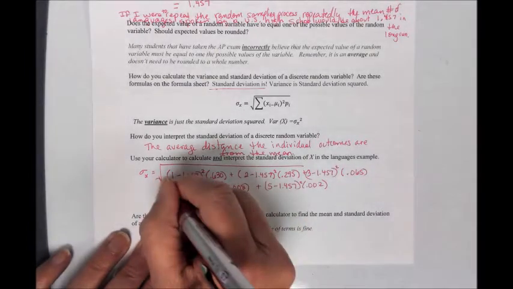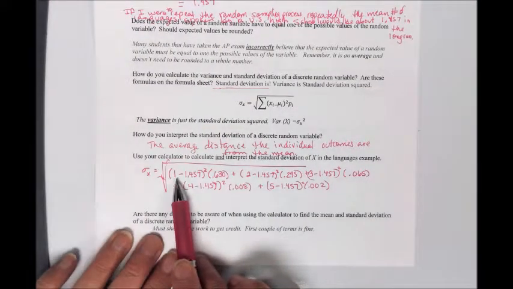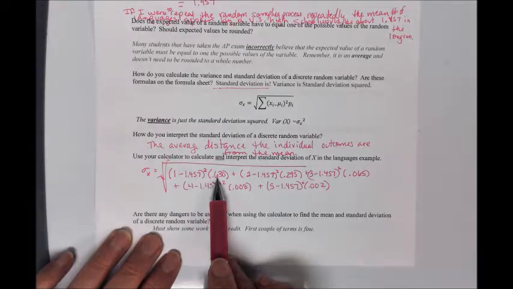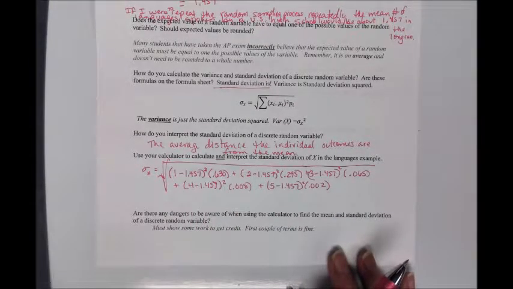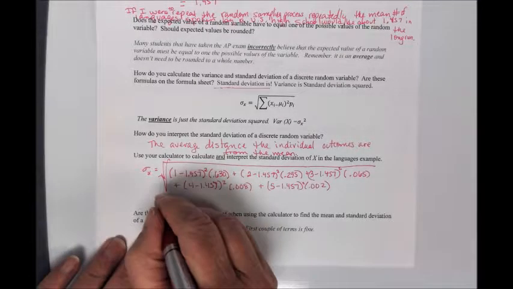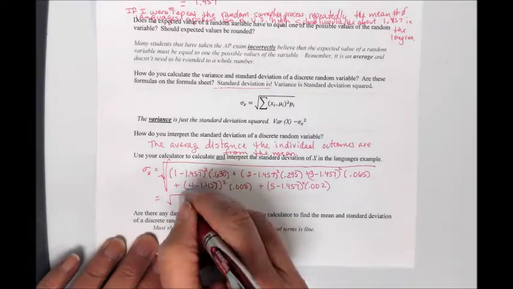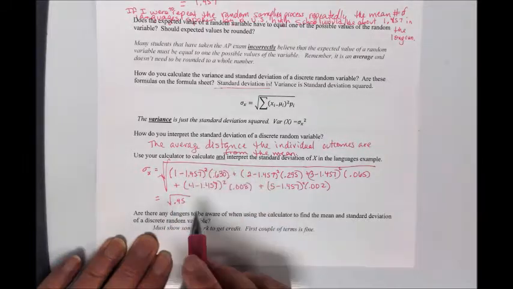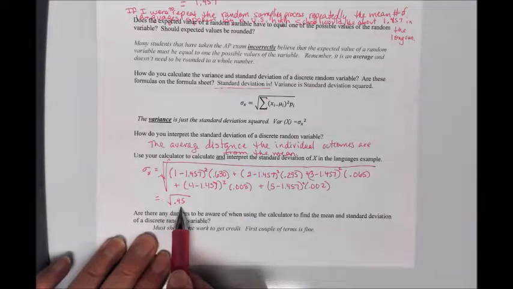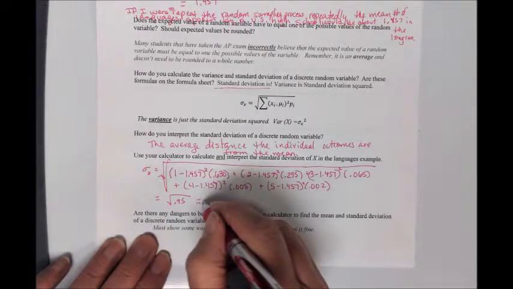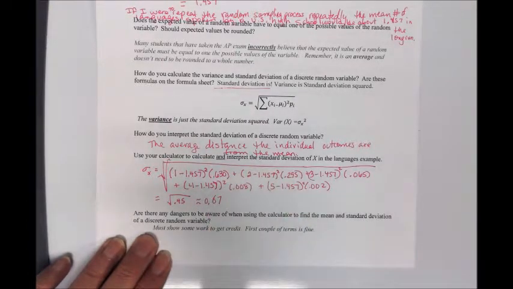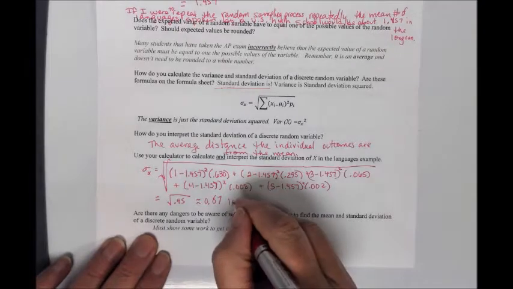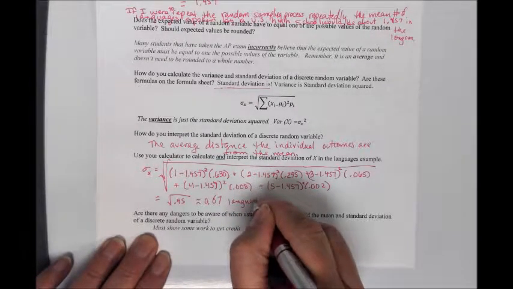Okay, so I subtract each individual from the mean, square it, multiply by its probability, and then add those all up, and take the square root of the whole thing. So if I add those up, this 0.45 is the variance. When I take the square root of that, I get about 0.67. Again, context, these are languages.